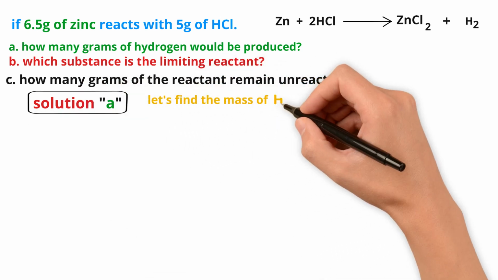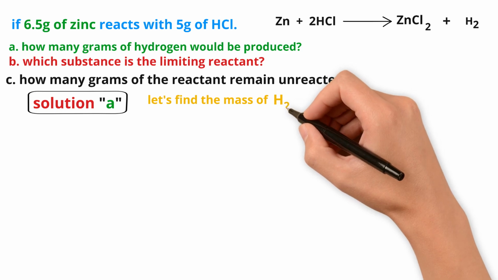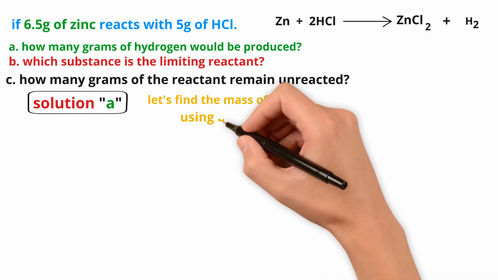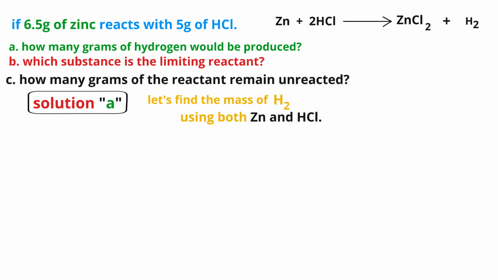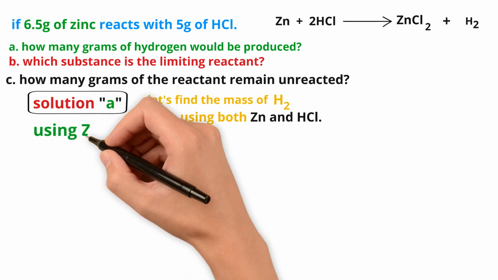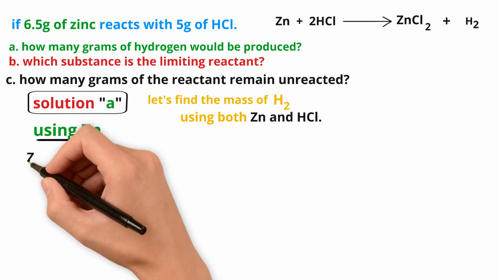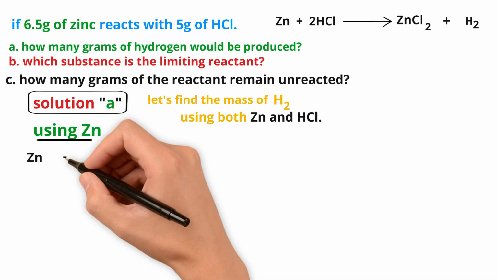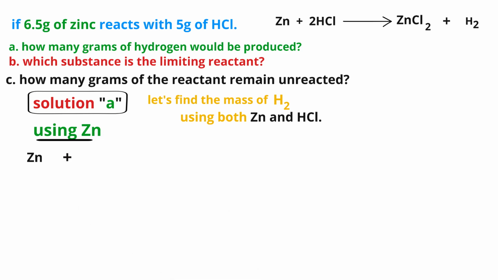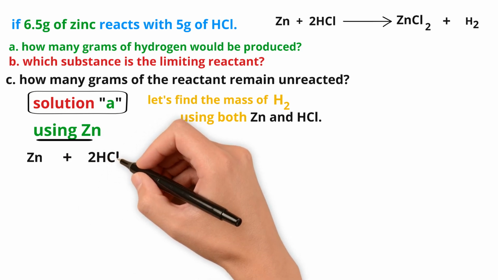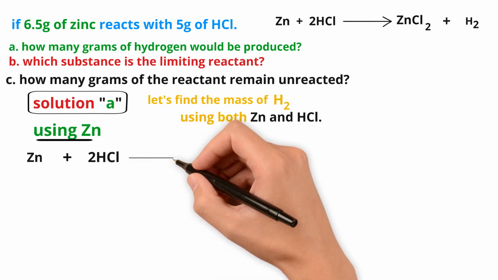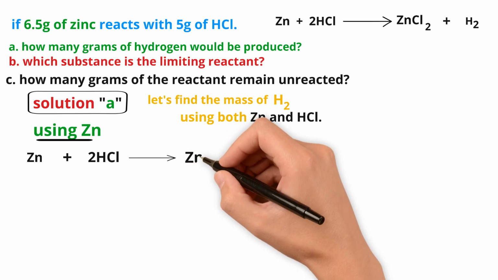Let us answer A. To answer A, let us find the mass of hydrogen using both zinc and HCl. First using zinc: zinc plus 2 mole of HCl to form zinc chloride plus hydrogen.